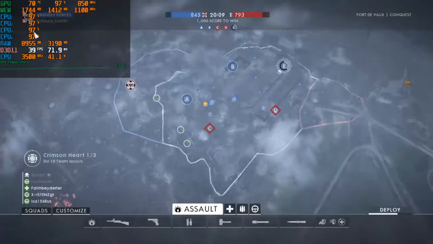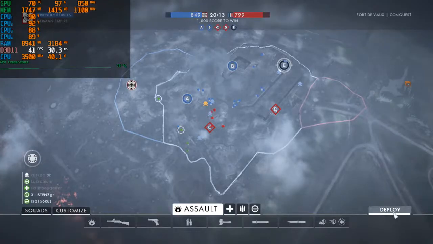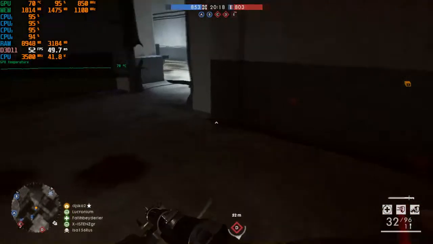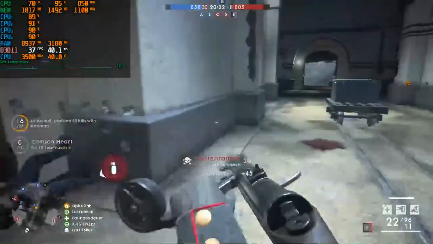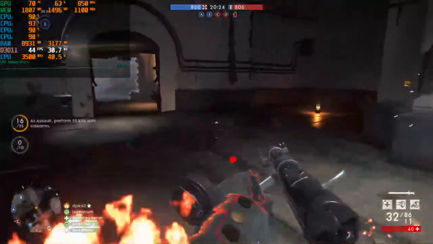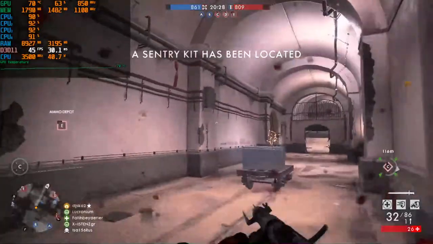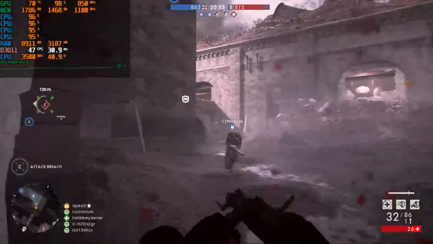But as you can see, the CPU over here is all the time hitting 100. Even in this game, look at those 4 CPUs over there all the time hitting 90, 95 and so on. So we are still a little bit bottlenecked here by the CPU. We really are.